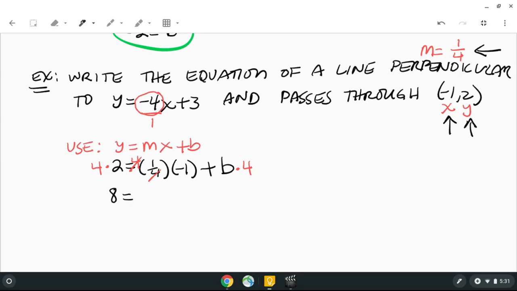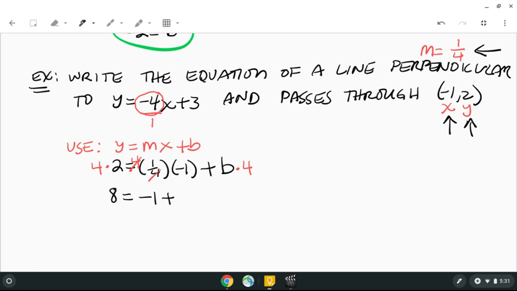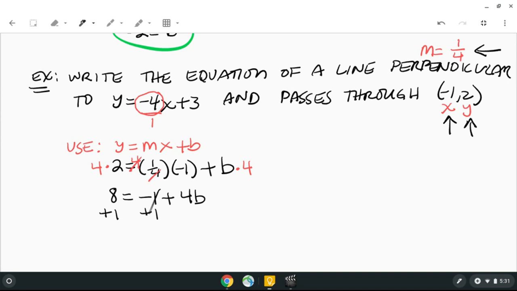Here the 4's cancel, so 1 times -1 is -1. And then 4 times b is just 4b. Okay, so now I can solve for b. So I will add 1 to both sides. And then I get 9 equals 4b. And now I can divide both sides by 4. And so b equals 9/4.